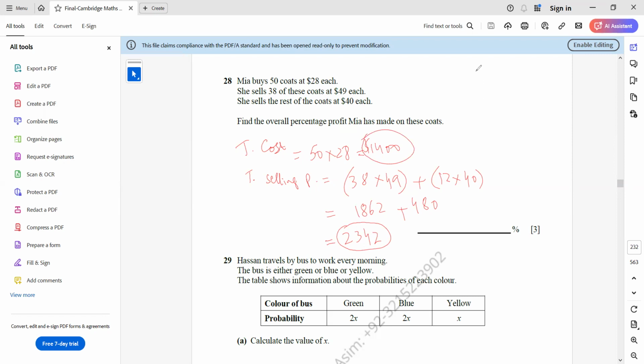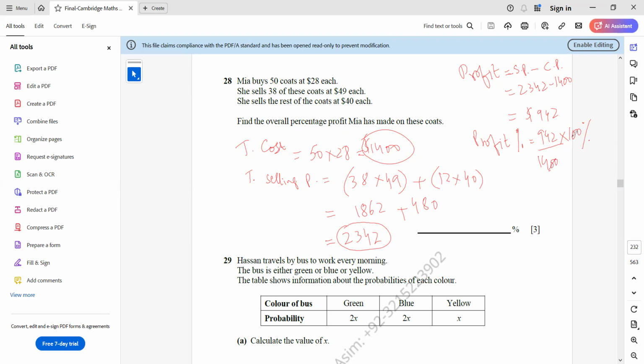So profit is going to be calculated as total selling price minus the cost price, which is 2342 minus 1400, $942. And now for profit percentage, 942, which is the profit, divided by the total cost price, which is 1400, times 100%.